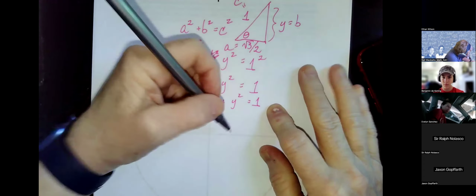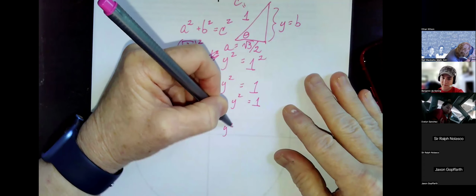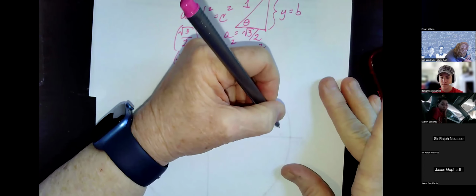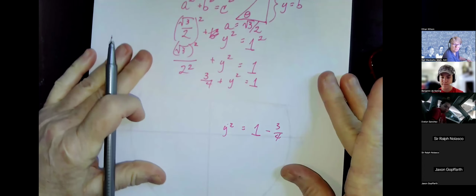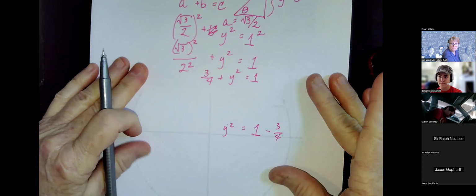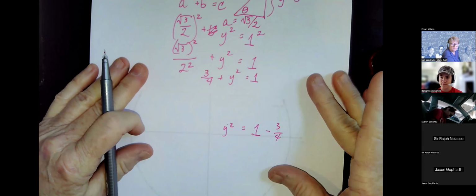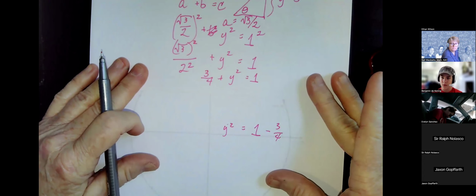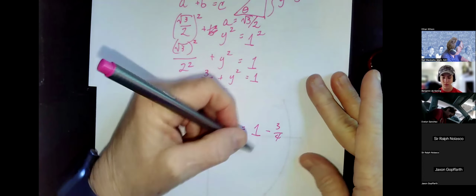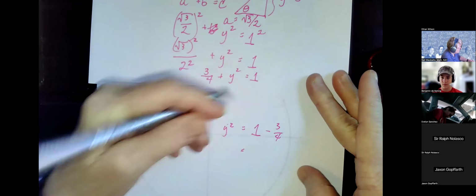Okay, groovy. So we've got y squared is equal to 1 minus 3/4. So you got 1/4 equals y squared. How did we get to 1/4?